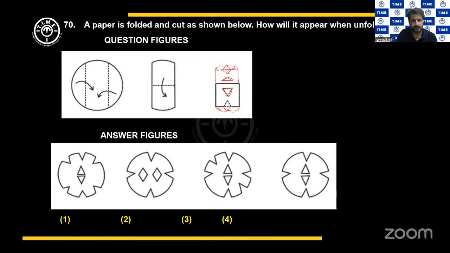Okay, and after that, we have to open this way. We have to open in this way, both the sides. So when it is opened both the sides, what will happen?